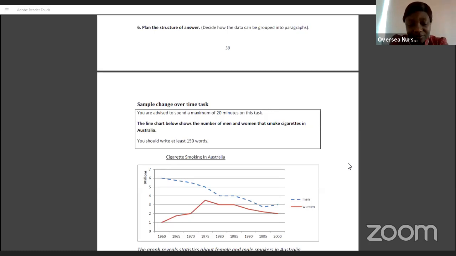If you have a look, from 6 million, it came down gradually, kind of, up to about 4 million in the year 1980, at about 1980.